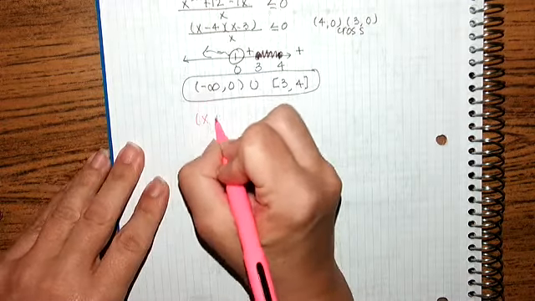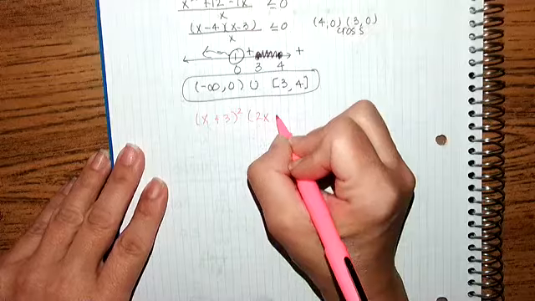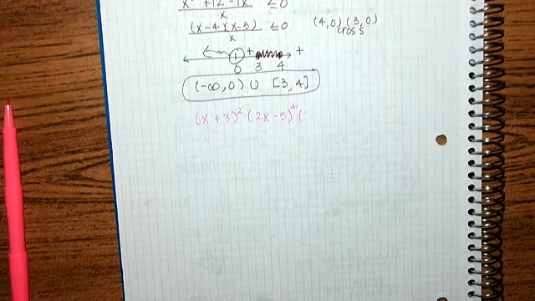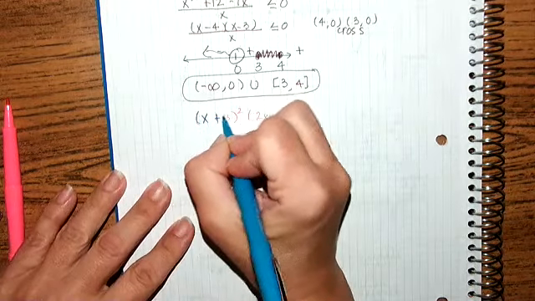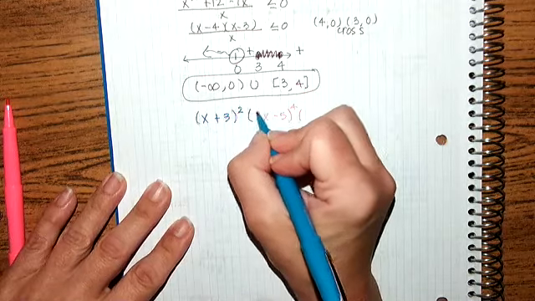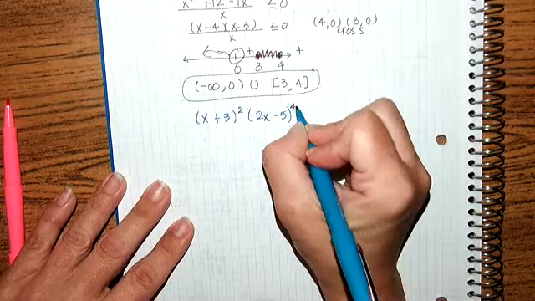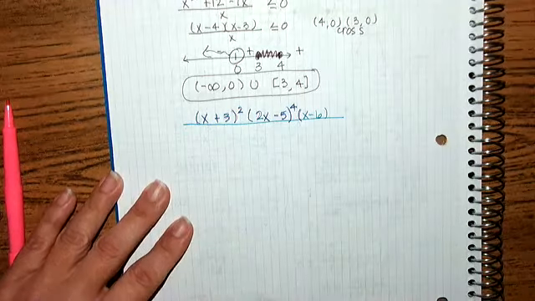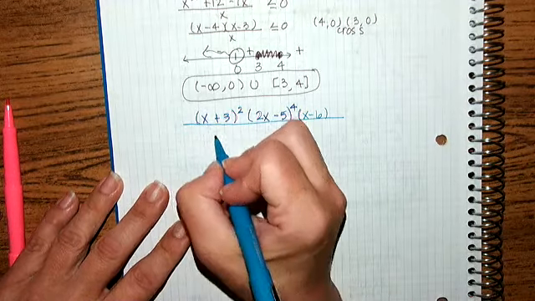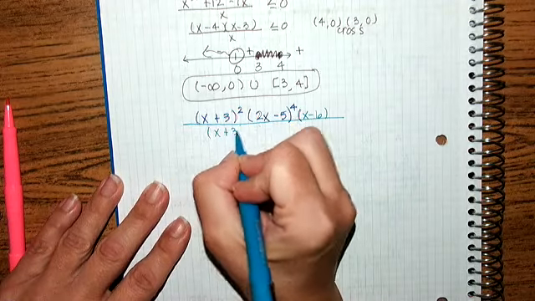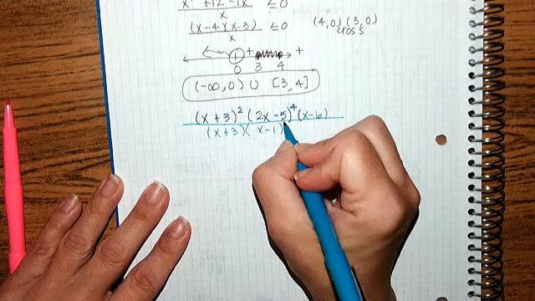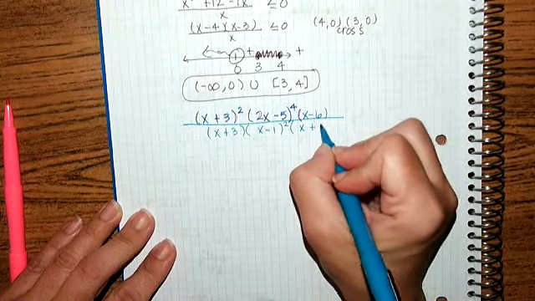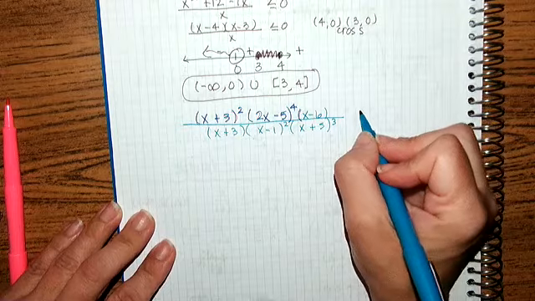Let's say I give you x plus 3 squared times 2x minus 5 to the 4th, times x minus 6, all over x plus 3, x minus 1 squared, and I don't know, x plus 5 cubed, and let's do less than or equal to 0.